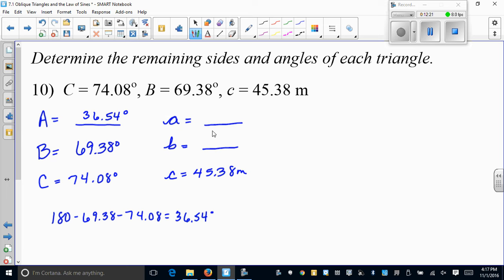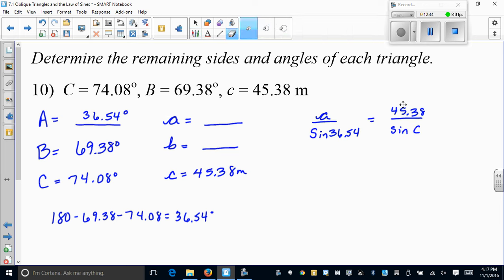Little a over sine of A, 36.54, equals little c, or 45.38 over sine of C. But we know what C is, so let's write it in there: 74.08.